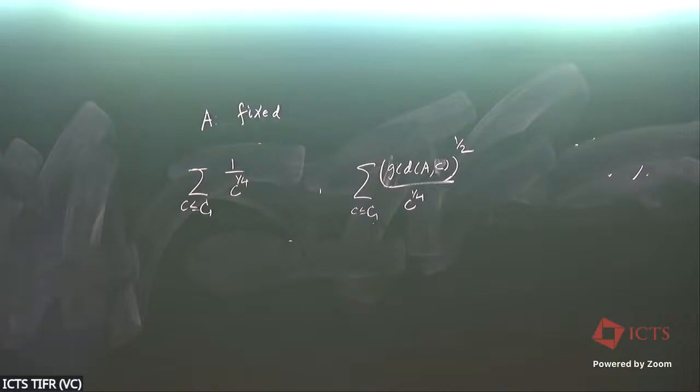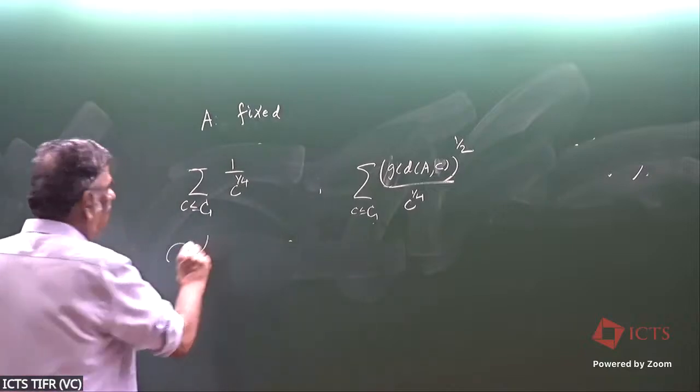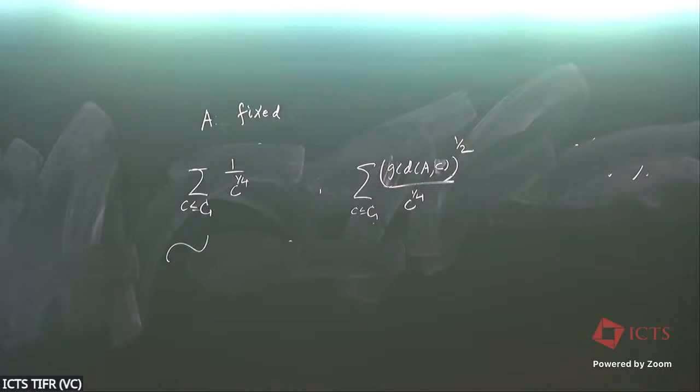Okay, let's do that. What is the range? What is the value? How many of you know what is the value? C power 3/4. And is there a constant or no constant? What is the constant? 4/3.